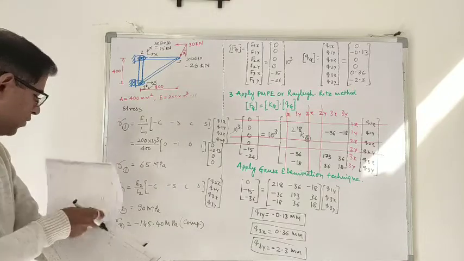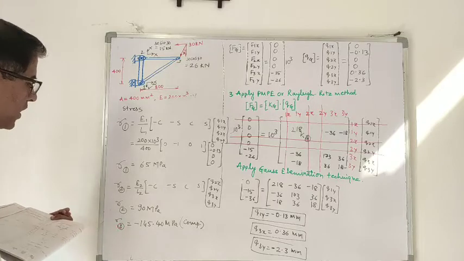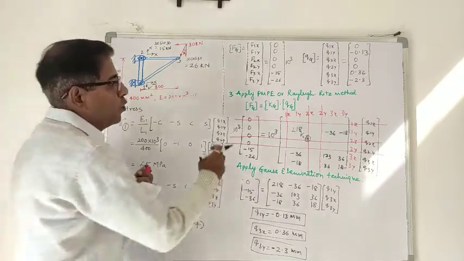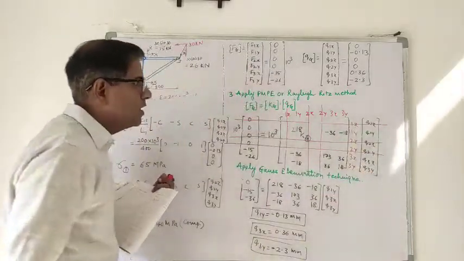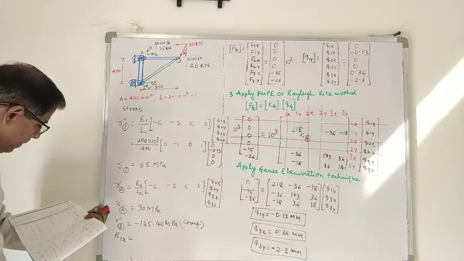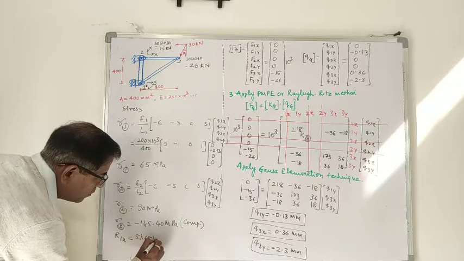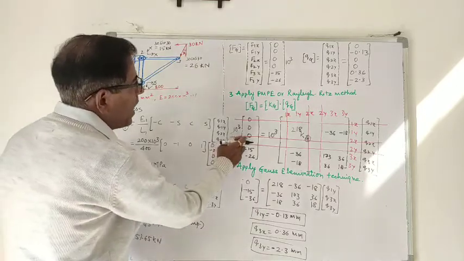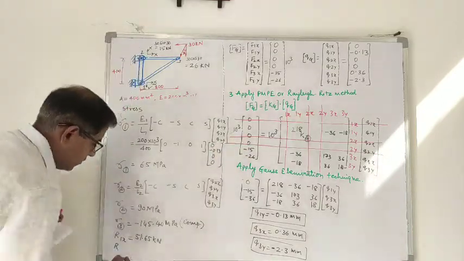Similarly, reaction you can find out. So reaction can be found out, that is R1x. So take the cancelled row of K matrix multiply by global displacement matrix. So R1x comes out to be 51.65 kilonewton. Then the next reaction would come at R2x.